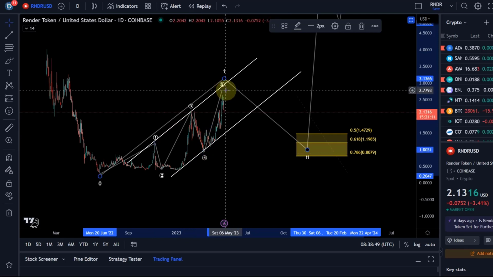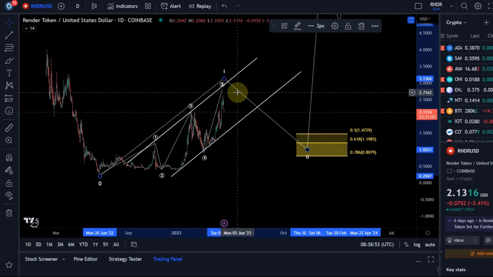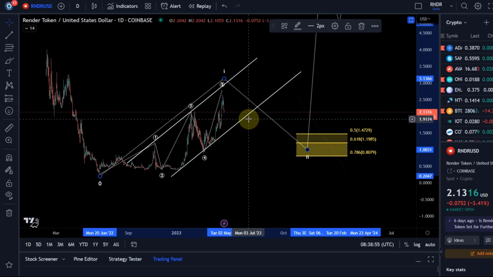because after this leading diagonal, which is an unreliable structure, diagonals are unreliable, so they are difficult to trade. You can make money after the diagonal finished. Often that's easier in my opinion.